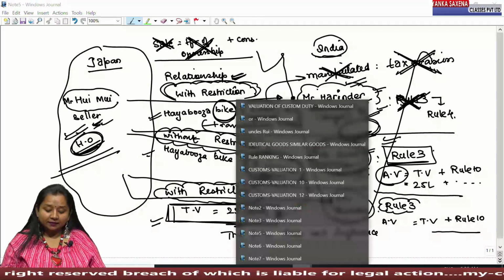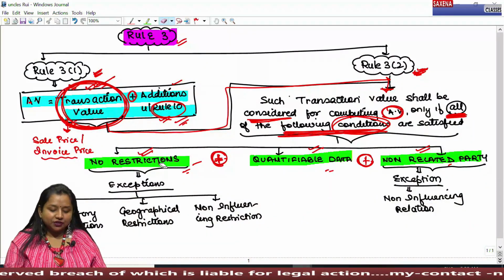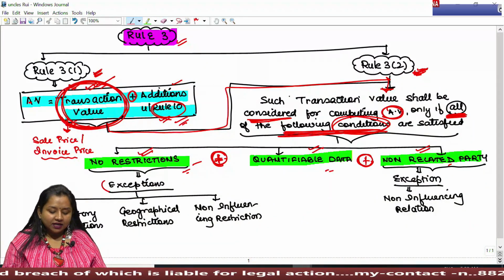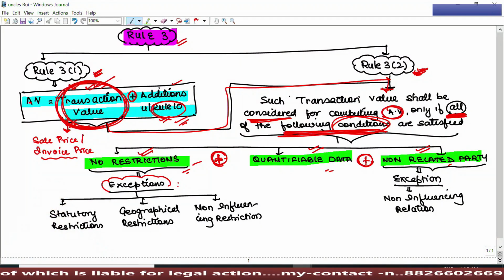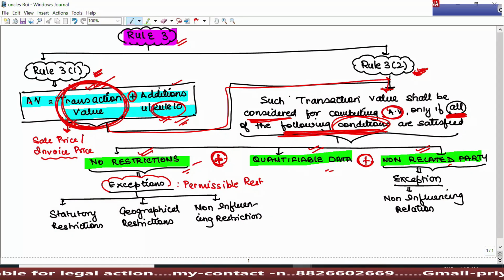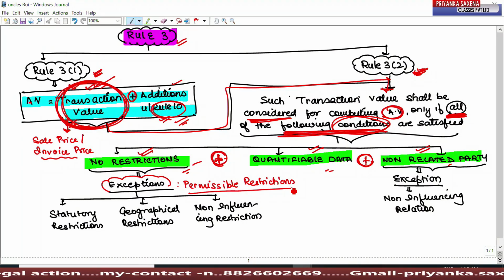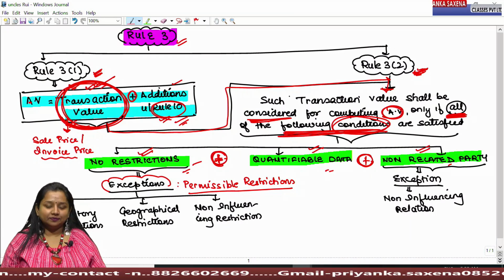That is, we can say that in case of restriction, there are certain exceptions which are also known as permissible restrictions, which can be asked in question under theoretical mode. Examiner may ask what are the permissible restrictions under custom.